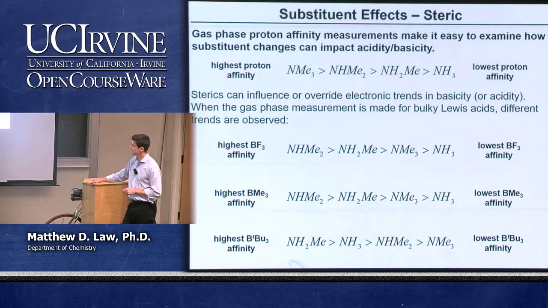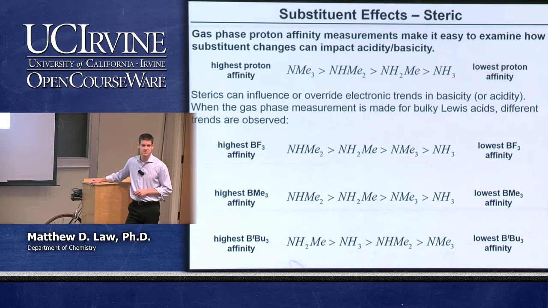We can understand that as probably mostly due to sterics. We just don't have enough space to interact with the big, bulky tert-butyl species. The dimethyl is third. Now ammonia itself gets kicked up into second place, but the best base here is the one that has one methyl group. Perhaps this is because it has a significant amount of room available to it, so sterically it's pretty good.